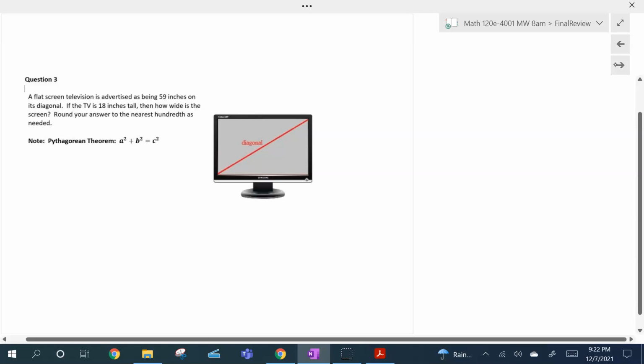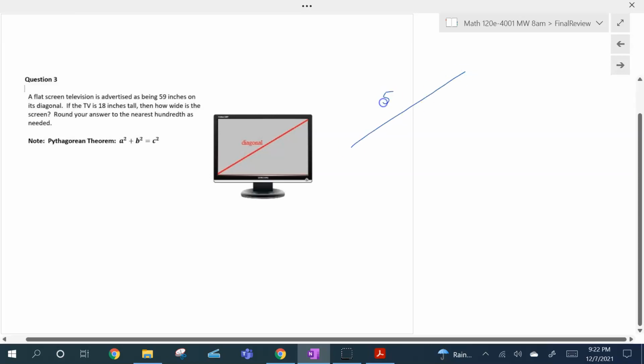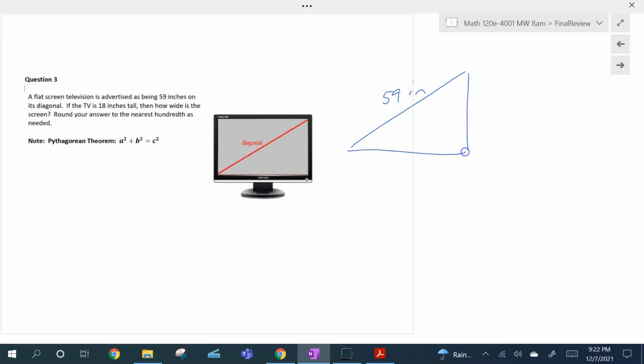Alright, number 3 here. A flat screen television is advertised as being 59 inches on its diagonal. If the TV is 18 inches tall, then how wide is the screen? We've got the diagonal of this TV, 59 inches, and it's 18 inches tall. We've got this right triangle, so let me call the width A. How wide is this thing?